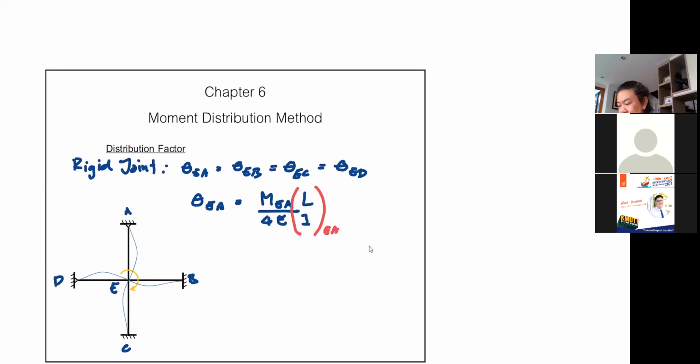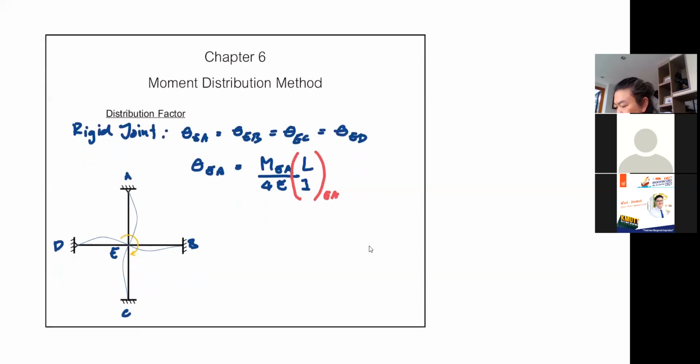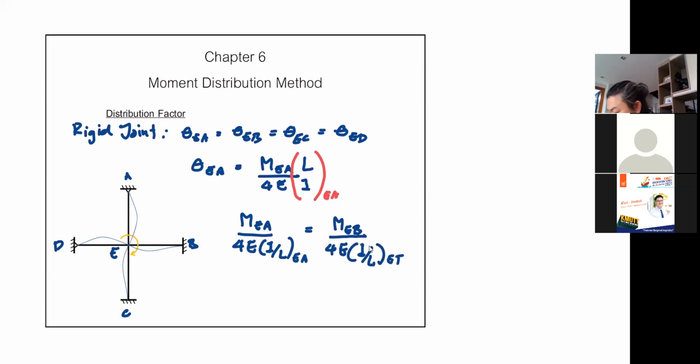And in similar fashion, I can now write the rotation for every member. So I can now say that MEA over 4E, because we always talk about the stiffness in terms of I over L, so let me put the L down there so I can write I over L, of member EA should be equal to MEB over 4E, I over L of member EB.